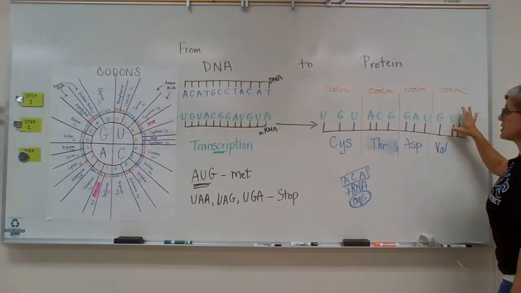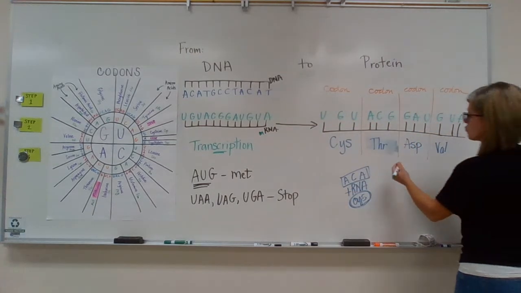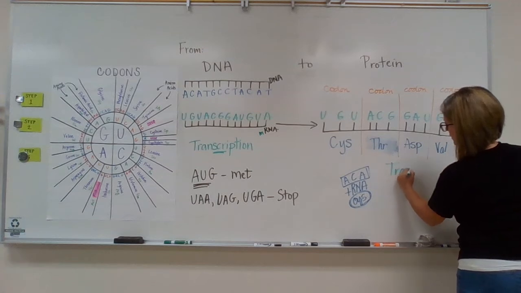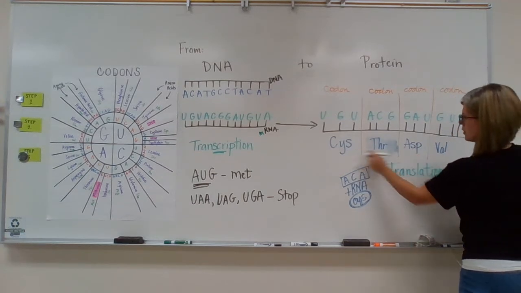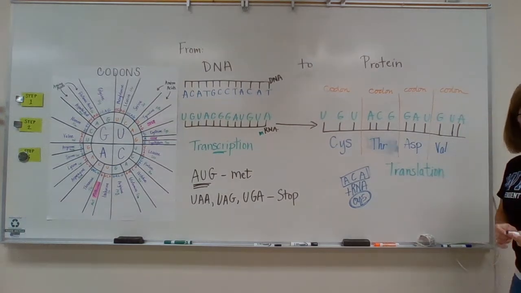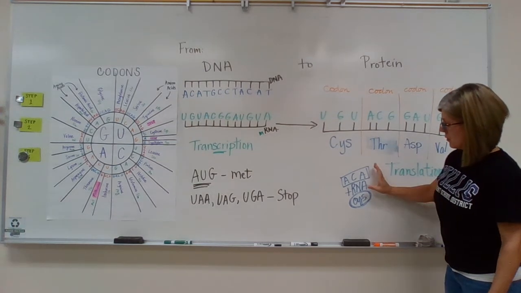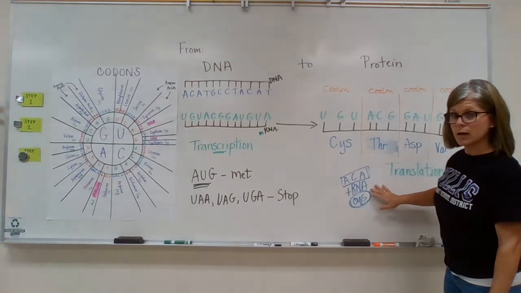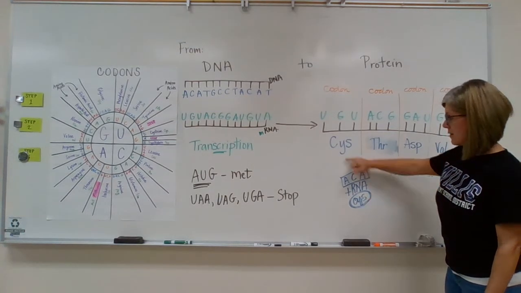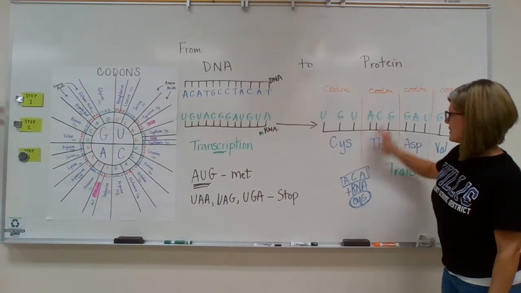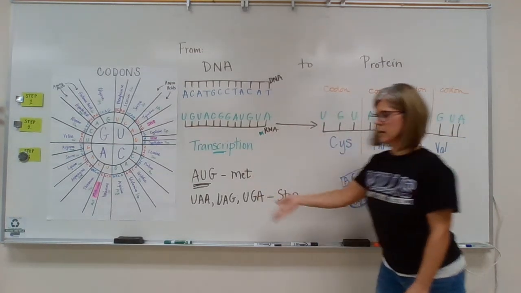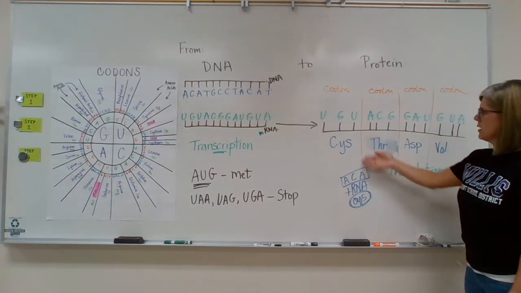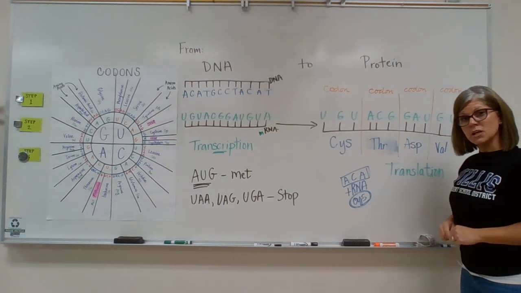When it's read in these sets of 3, that reading is translation, and it is translated into those amino acids with the help of the transfer RNA. That's where they come in. They bring the amino acids by connecting to those codes. Transcription is writing, translation is being read and turned into the amino acids.